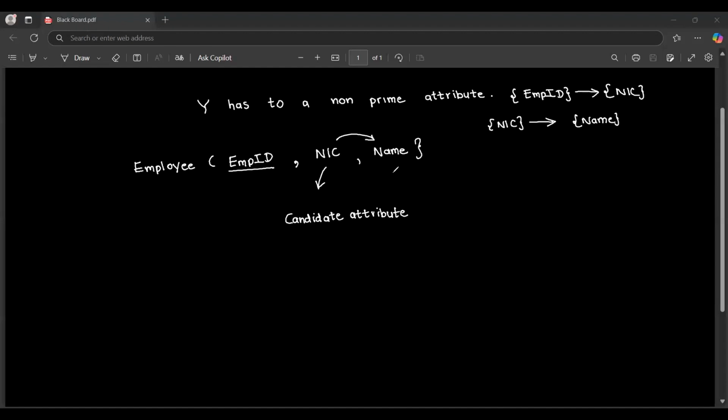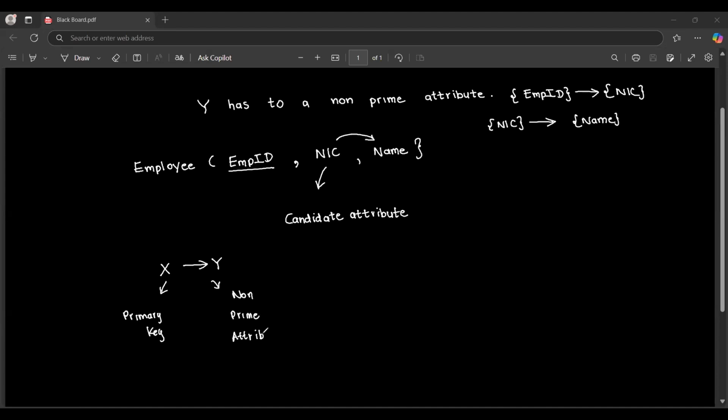Keep this in mind. So what is a transitive dependency in a relation? Let's say x functionally determines y, and x is the primary key, and y is a non-prime attribute.